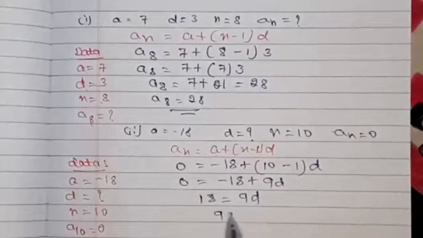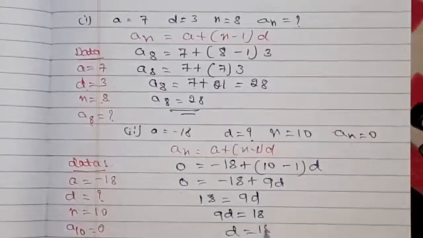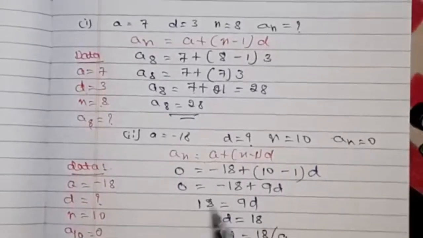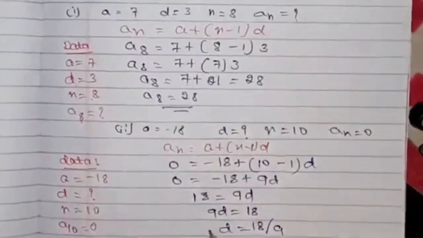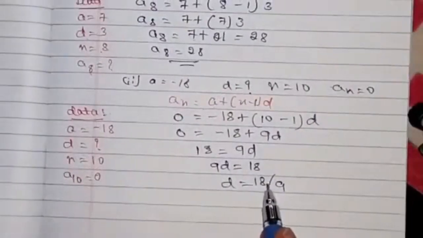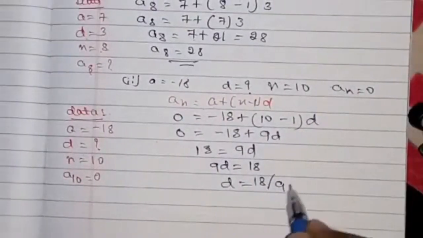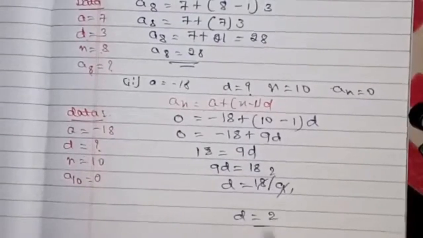I'll interchange this: 9d is equal to 18. We need the d, right? So send the 9 to the right hand side. d is equal to 18 divided by 9, because multiplication is there. 9 into d is multiplication, so if you send it across it will become divide. So therefore 18 divided by 9, nines are two, so d is equal to 2.